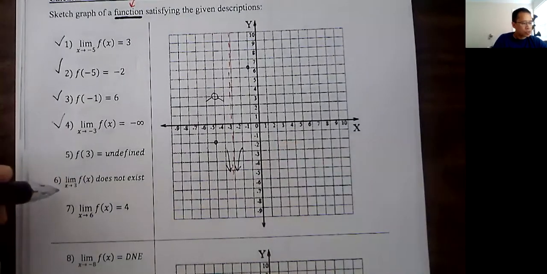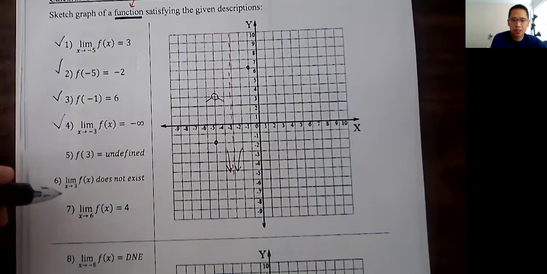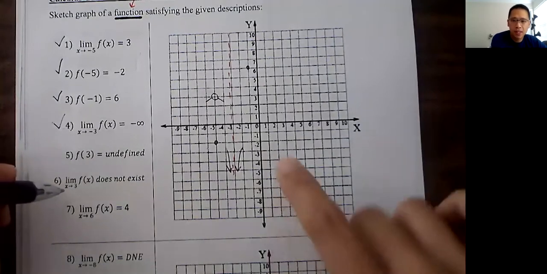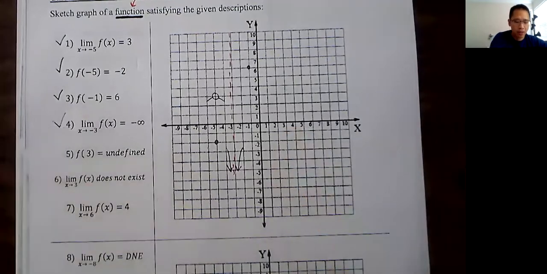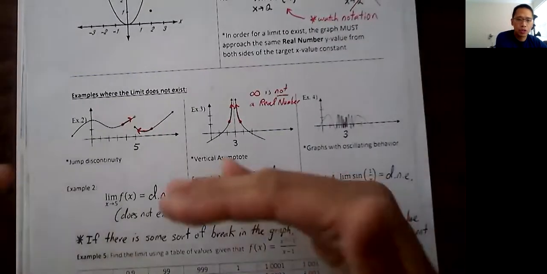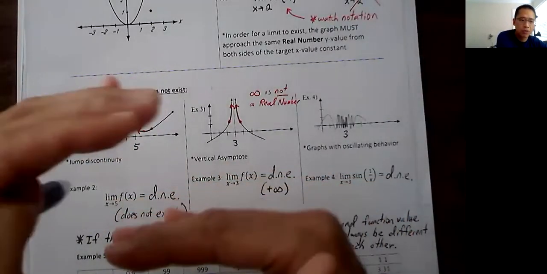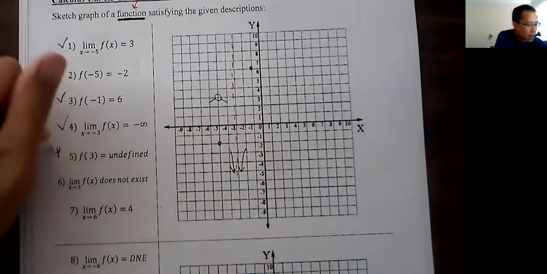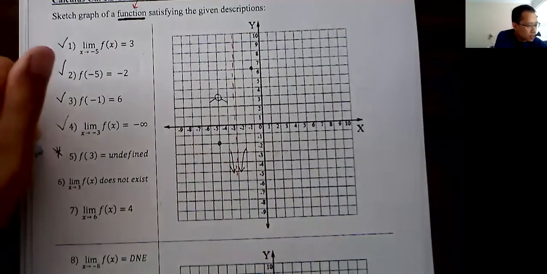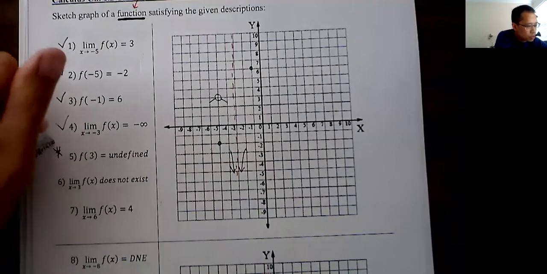Limit as x approaches 3 does not exist. So if a limit doesn't exist at 3, we have a lot of variations. We can either make it a vertical asymptote, or we can make it two disjointed graphs moving towards two different y values. So this is a place where we're going to have potentially a lot of variations between different students, and that's fine.